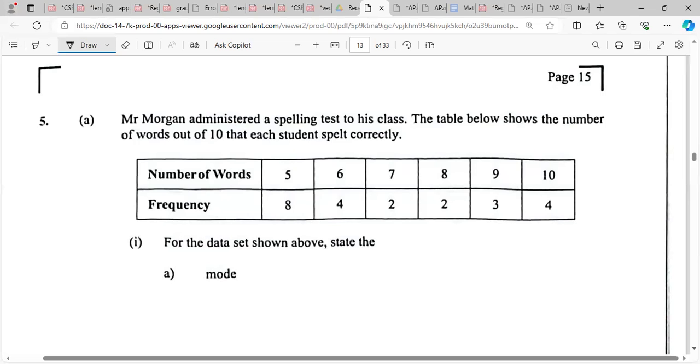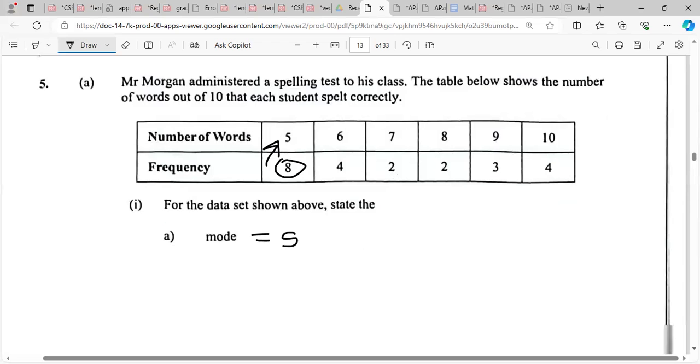The one with the highest frequency will be the mode, so 5 will be the answer in that case, because a spelling score of 5 occurs 8 times. That's greater than any other number in the frequency.